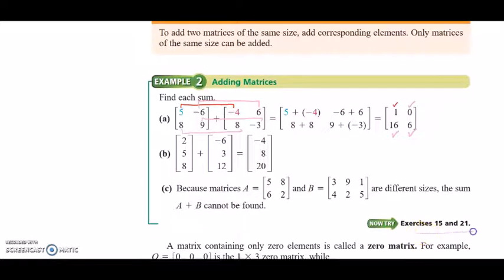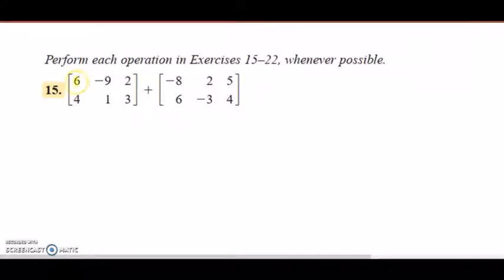Let's look at a couple of exercises. To add these matrices, I want to add the corresponding elements in each matrix. For example, element 1, 1 from the first matrix needs to be added to element 1, 1 in the second. So 6 plus a -8 is going to give me my first element. My second element is going to be -9 plus 2.